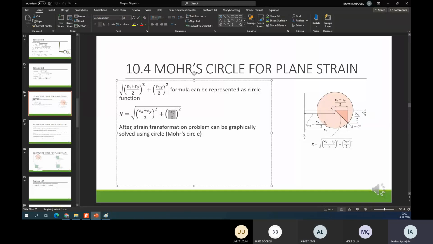For strain transformation, for the x direction we use epsilon, and for the y direction we use gamma over 2. Gamma divided by 2, not gamma. Don't forget.